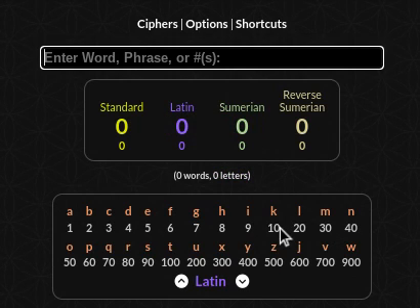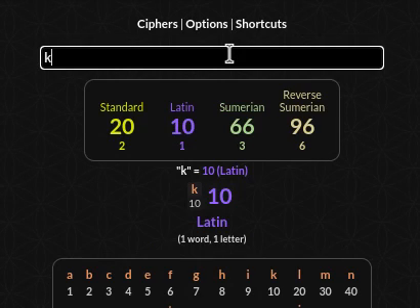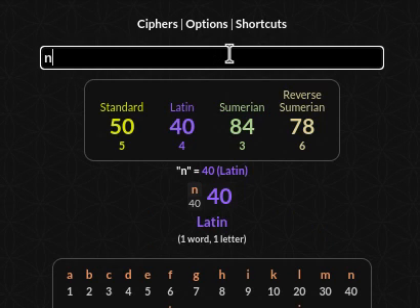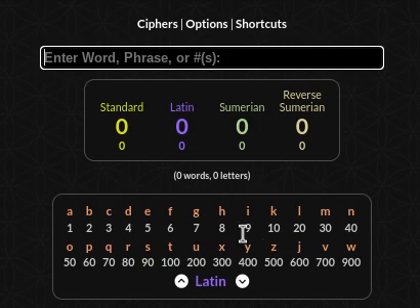The letters are swapped around, they have different values, but regardless, it's still the same thing as the standard, where when we get to the 10th letter, in this case it will be K, but now we're going to add 10, so L would be 20, M would be 30, N would be 40, all the way until you get to T. T will be 100, and then you add 100 for the rest of the alphabet.